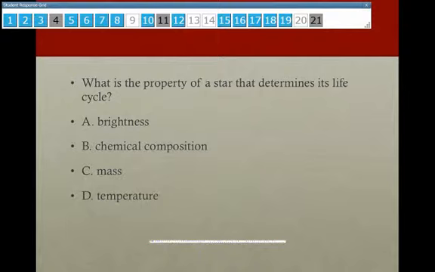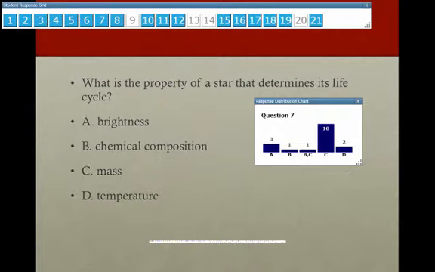There's one that looks like it would be right. It is brightness. And I would say mass probably is what I would pick right away if you were unsure, because we talk about small stars and large stars, but we determine that by their brightness.